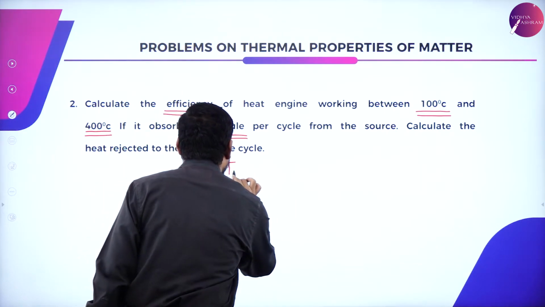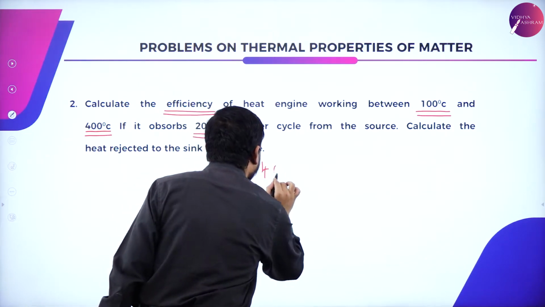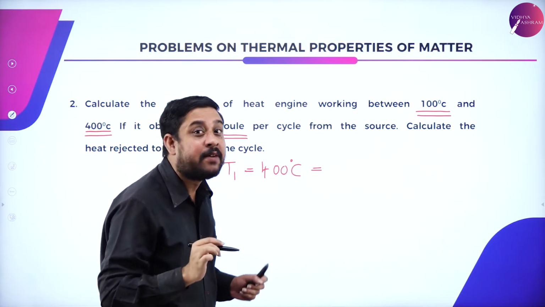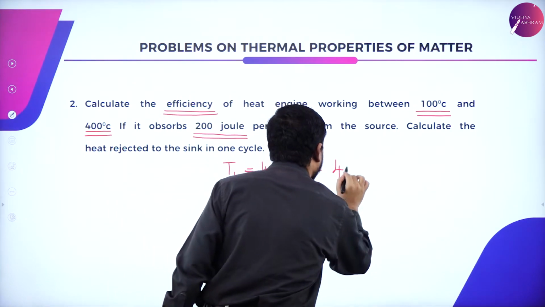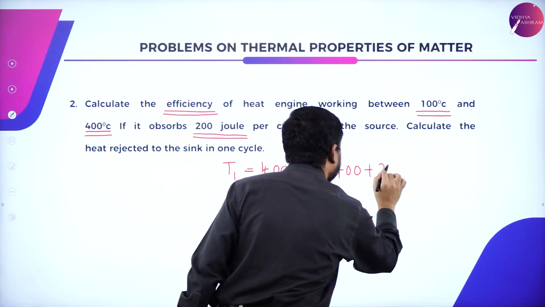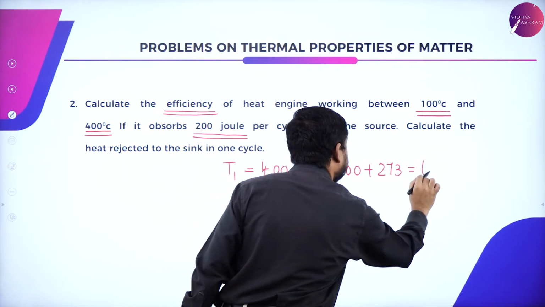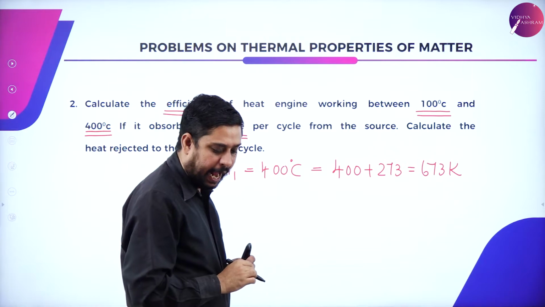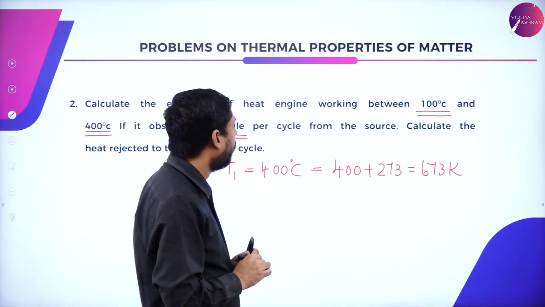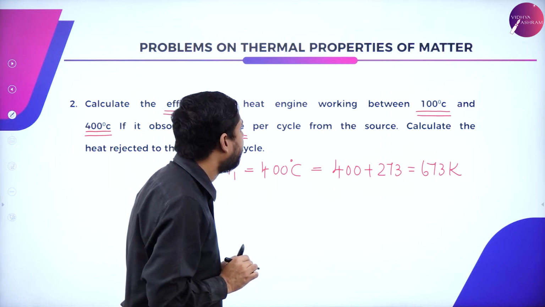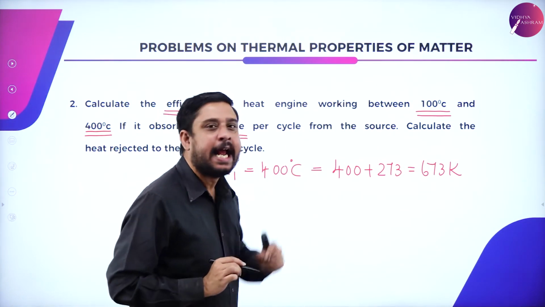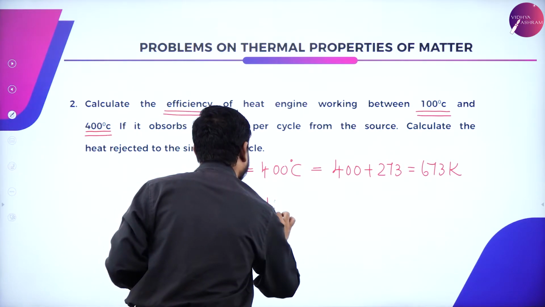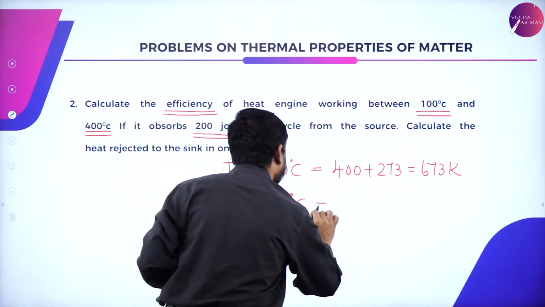So here T1 is 400 degrees Celsius, which I convert into Kelvin. So 400 plus 273, so 673 Kelvin. And T2 is 100 degrees Celsius.